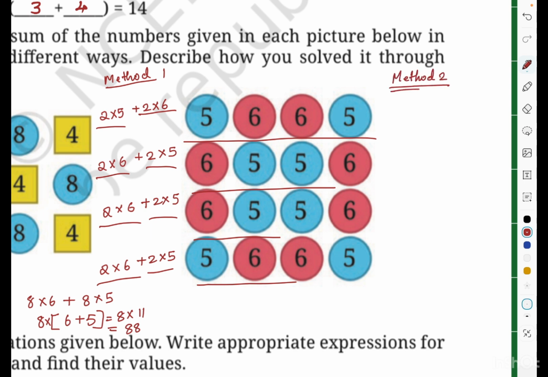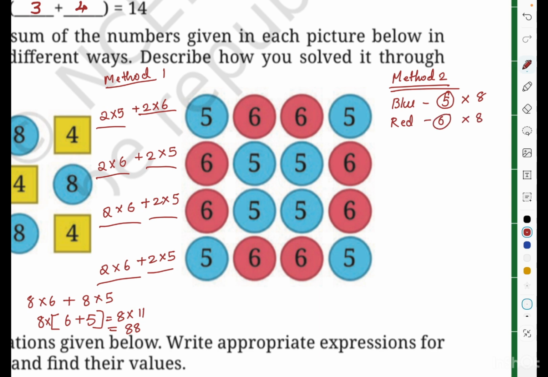Method 2, counting the blue coins, that is 5, which is 8 in number in the picture, and counting the red coins, which are 6, which are 8 in number also. So we can write the expression 5 times 8 plus 6 times 8 is the total number.